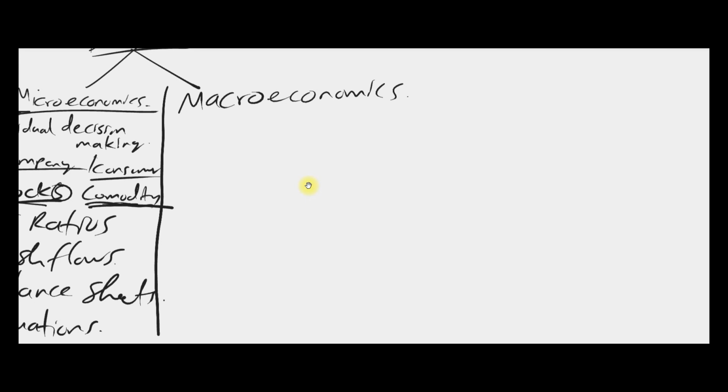Let me start now with macroeconomics. So what does macroeconomics do? This is the branch that deals with aggregates. This is where we talk about aggregate demand, aggregate supply. This is where we talk about governments.